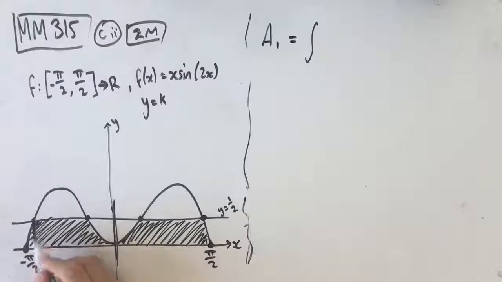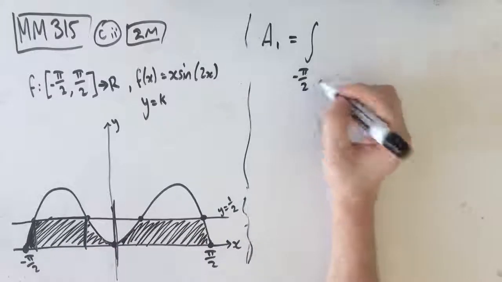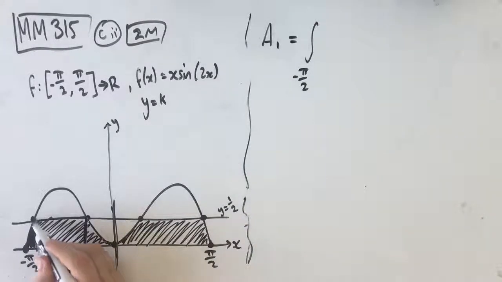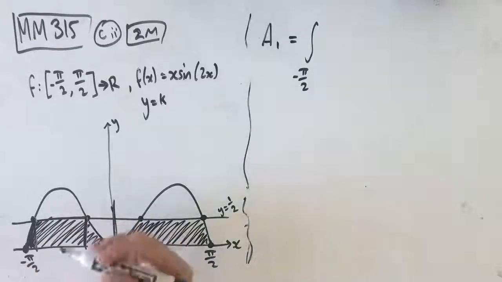We'll do this section, then this section, then this section. Our first section is going to be from negative pi on 2 to our point of intersection of y equals half and f of x.